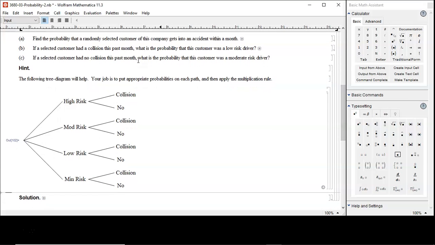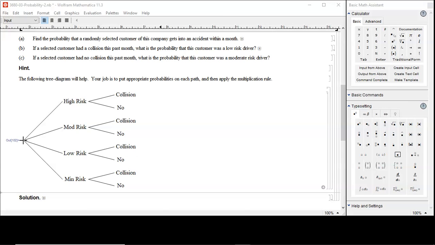So no collision past month, and then it came from moderate risk driver. Let's use some path highlighting. Let me try my best. Okay, we are particularly interested in the moderate driver case.